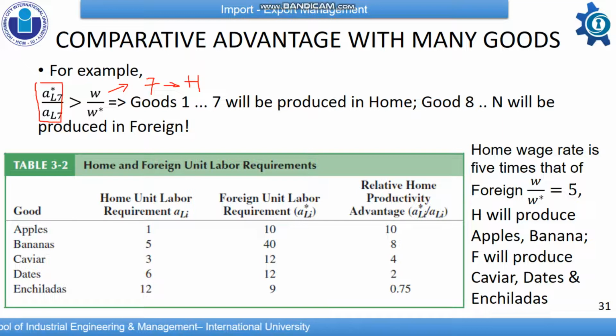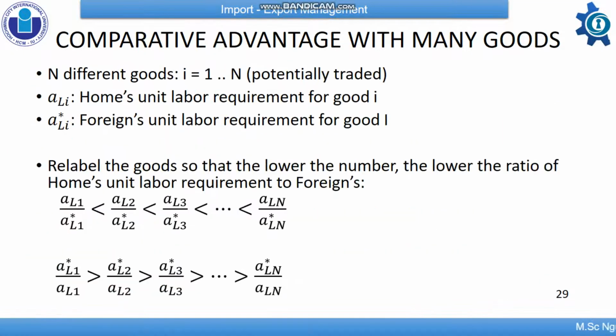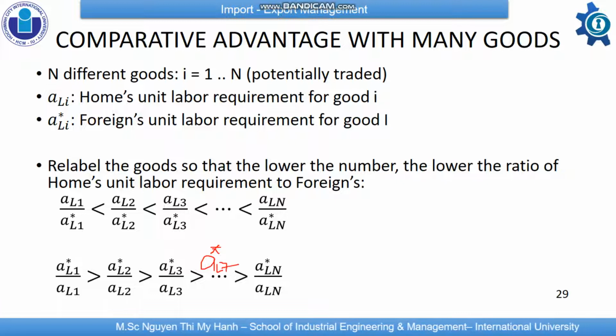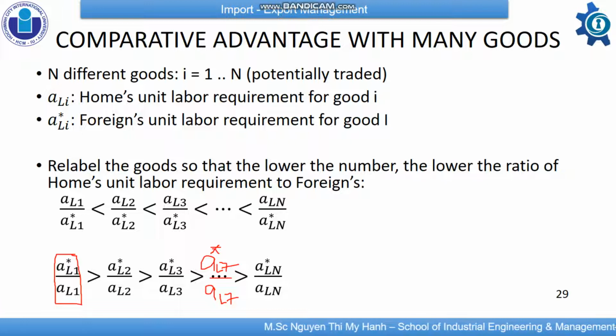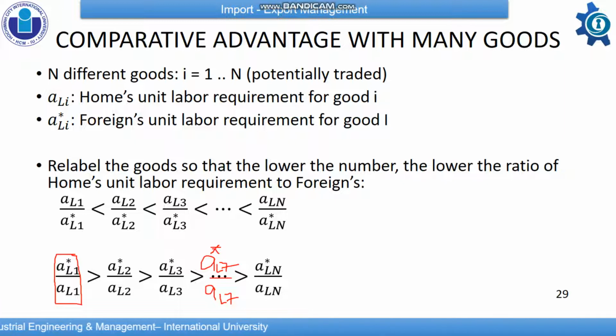And as we assume here, we have a_L7 star divided by a_L7. We had an assumption that a_L1 star divided by a_L1 is larger than 2, larger than 3, and so on, larger than product 7, the relative wage.